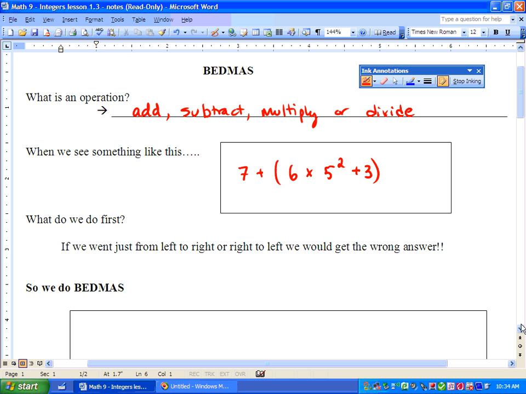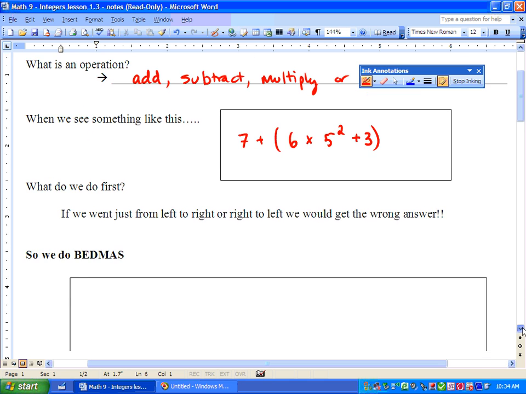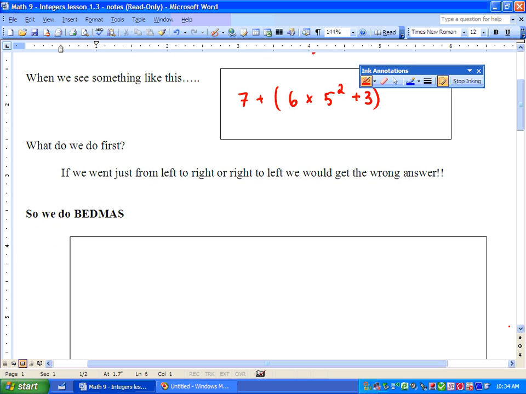Well, so what does BEDMAS stand for? And this is going to give us an order of operations, all right? So we have B, E, D, M, A, S. The first one is brackets. And this is the order we do equations in. We do exponents next. And if you're not sure what exponents are, they're the little numbers that are up top.